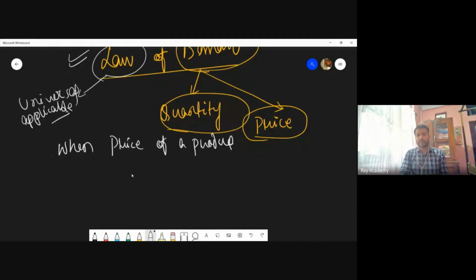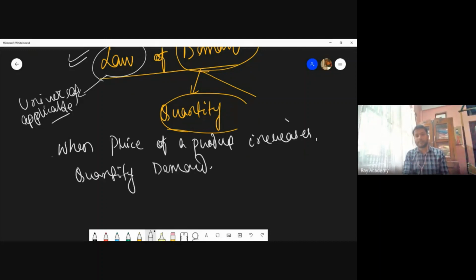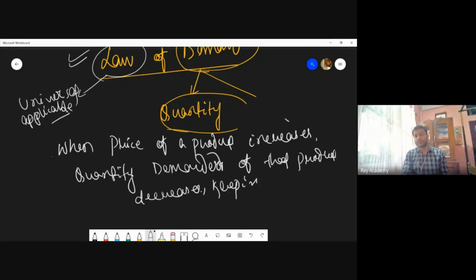So when price of a product increases, quantity demanded of that product decreases, keeping other factors constant.